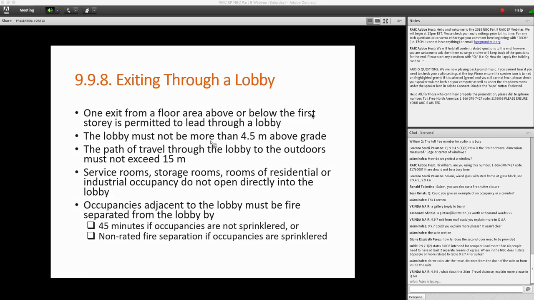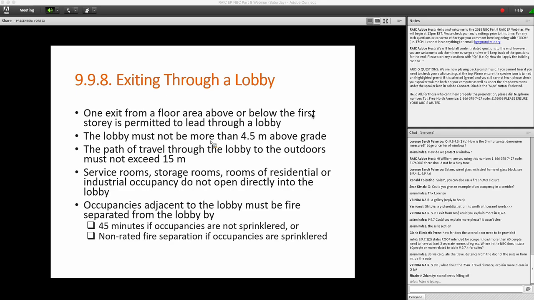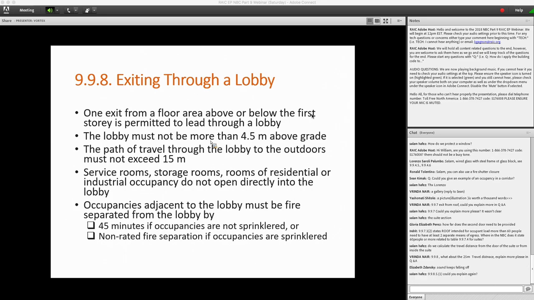In addition to that, any occupancy that is located adjacent to the lobby is required to be fire separated from the lobby by a fire resistance rating of 45 minutes, or by a non-rated fire separation where the occupancies are sprinkler protected.